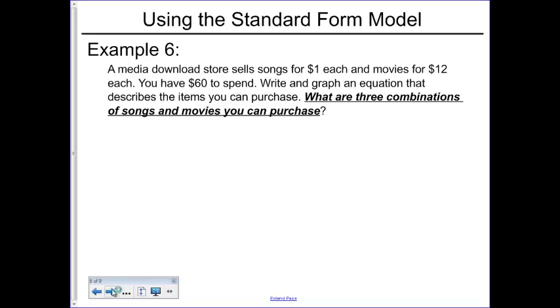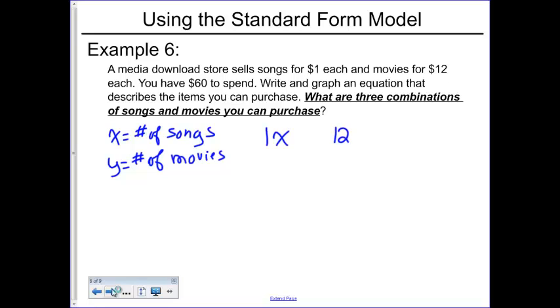First thing we do is identify some variables. So let's say x equals number of songs to download or buy, and y equals number of movies that we can purchase. Well, songs go for $1 each times the number of songs that I can purchase, and movies go for $12 each.